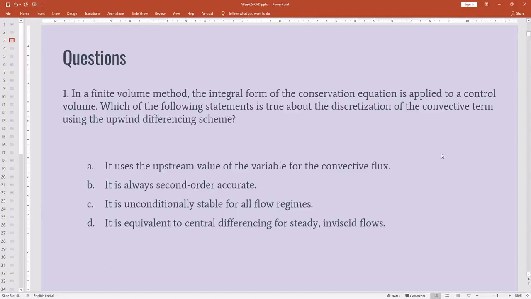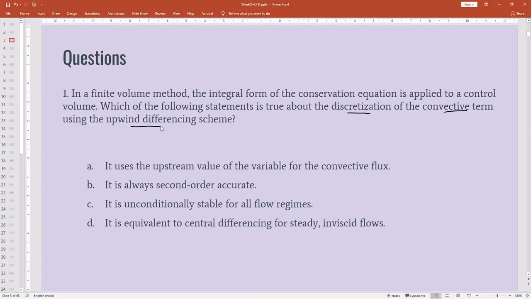So first question. In a finite volume method, the integral form of the conservation equation is applied to a control volume. Which of the following statements is true about the discretization of the convective term using the upwind differencing scheme?